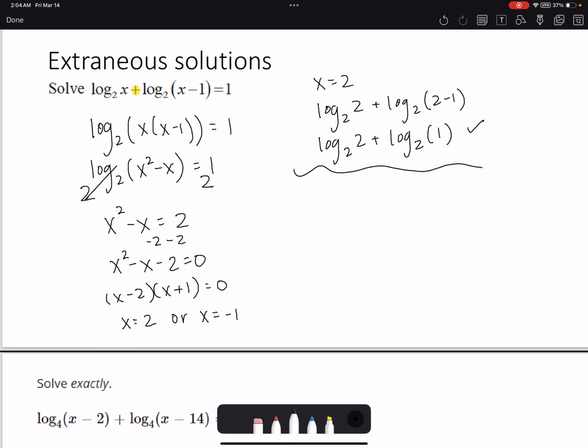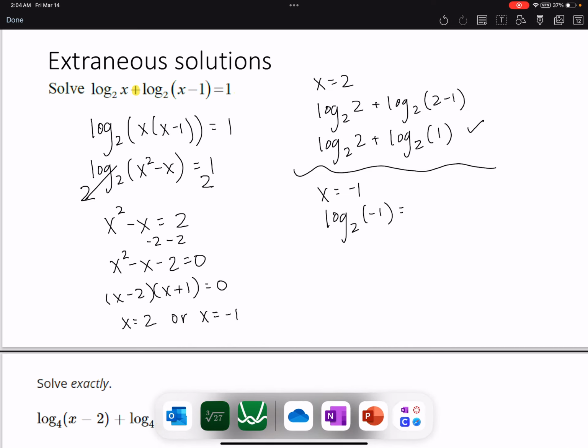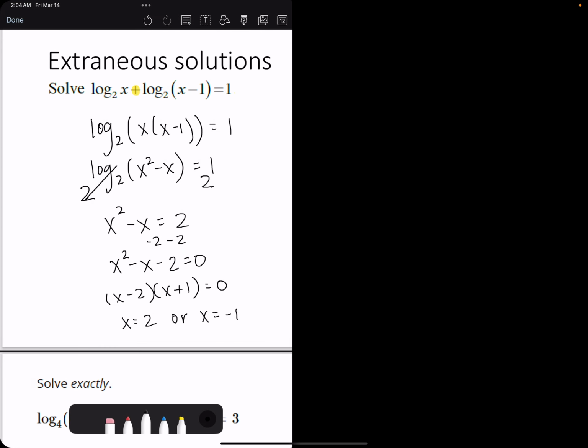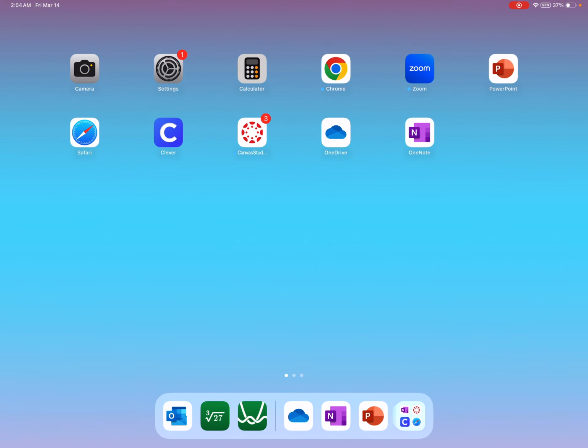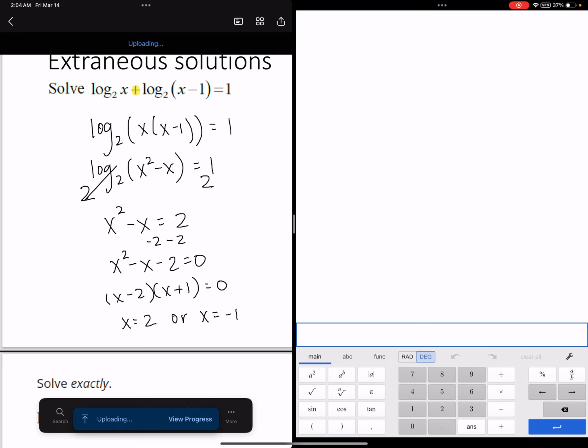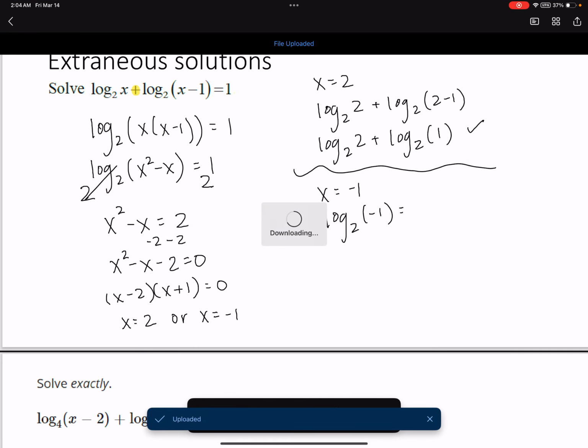But then if we try x equals negative 1, log base 2 of negative 1, if you type that in a calculator, which, oh, you know what? I can do the graphing calculator.